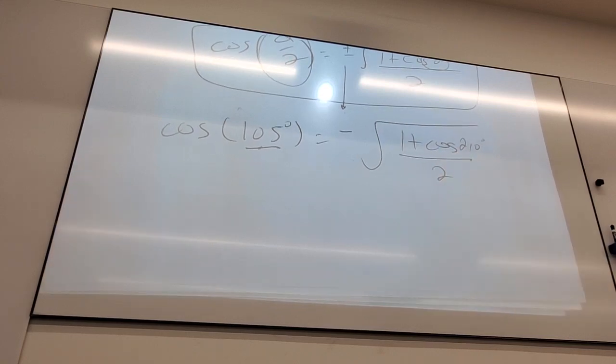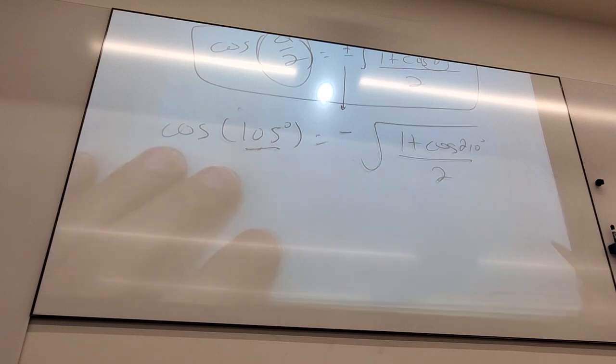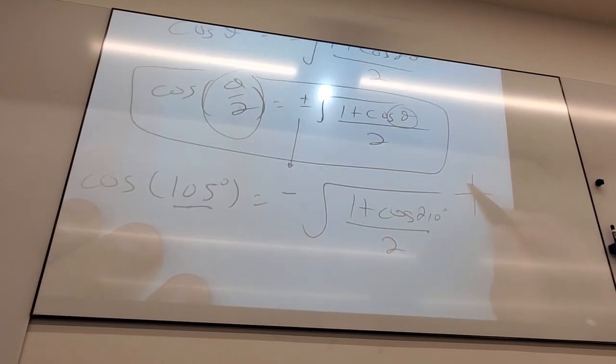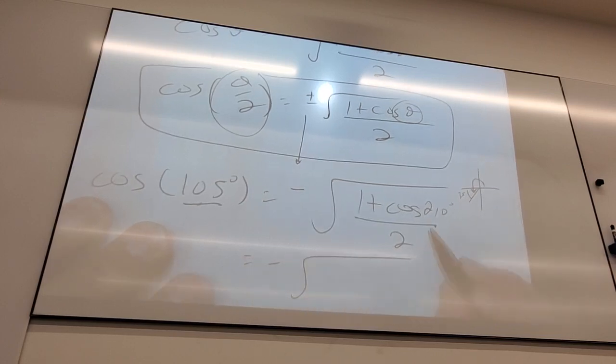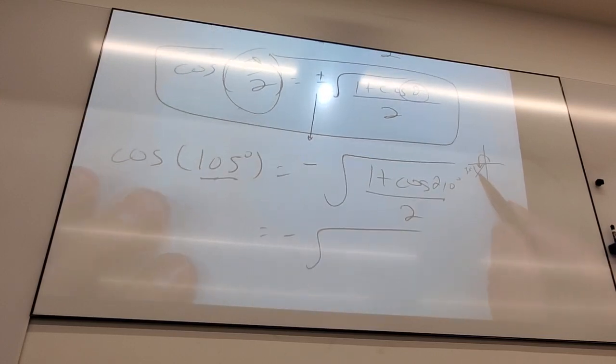Cosine of 210 has a reference angle of what? 30. So you can always draw a really quick little sketch. That's 30 degrees. So what is the cosine of 210? It's going to be the reference angle of 30. Is it going to be positive or negative?